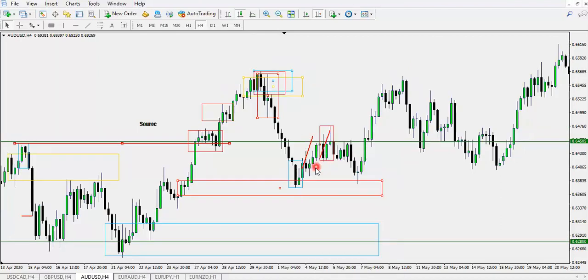And we had created ourselves a source at the bottom. And notice how price then rallied up, created some sort of compression over here, accumulation, sideways action. And price then came into our source again and also into this order block over here. Okay, and then price then rallied up.